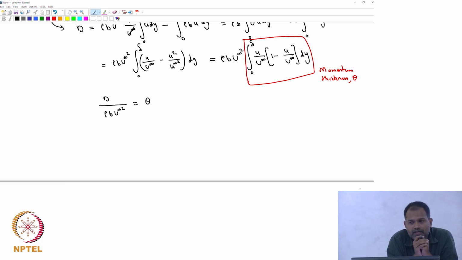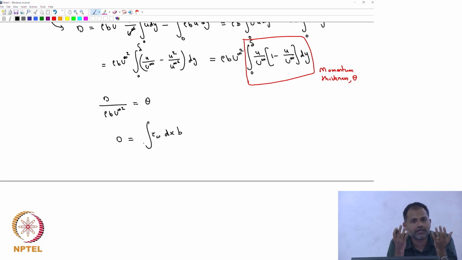fluid, but you also know it can be evaluated from your shear stress. In other words, you know that D is nothing but the integral of tau W, if tau W is the wall shear stress exerted on a small element dx, and B. So the total drag force should be an integral of the wall shear stress, right?